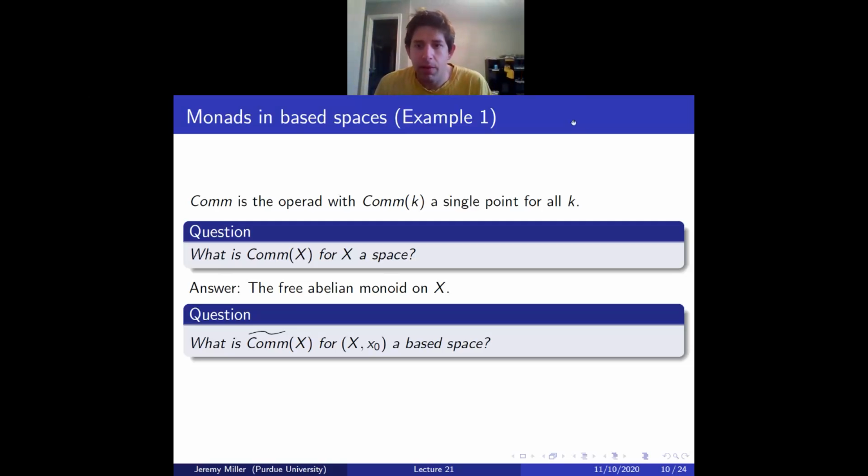Yeah, without looking at the formula, what's some quotient of the free abelian monoid on X involving the base point?